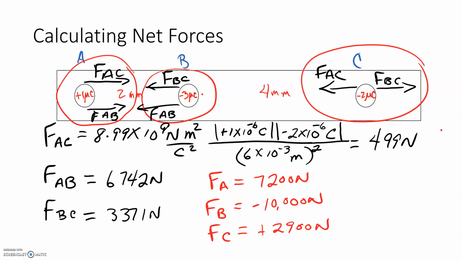If those were atoms or molecules, that would be how they were attracted or repelled from one another, and would tell us which direction things are going to move because of their electrical interactions. So this is a very important kind of calculation that gets used a lot in theoretical chemistry.